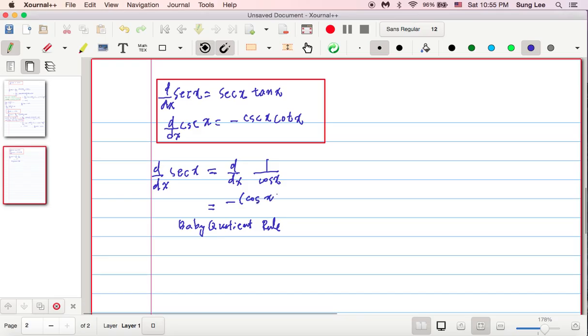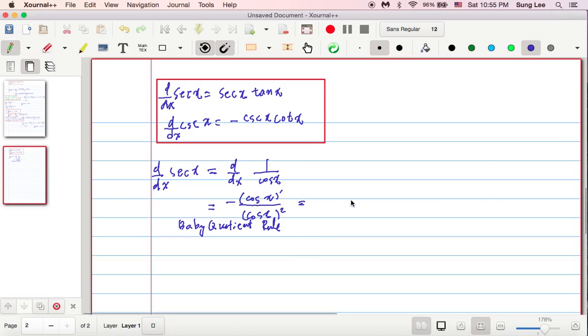Negative cosine x prime over cosine x squared. That's the baby quotient rule. So negative cosine x prime is negative sine x. So with this negative sign, that becomes sine of x.